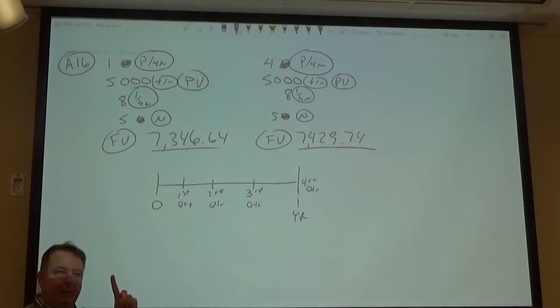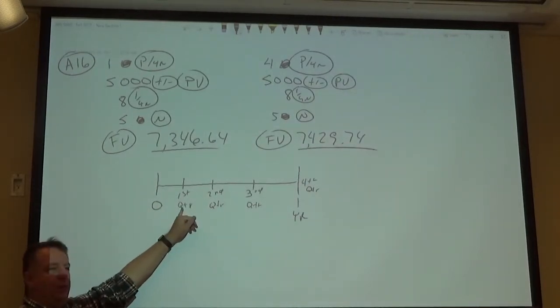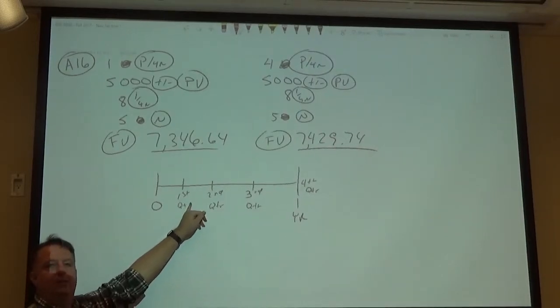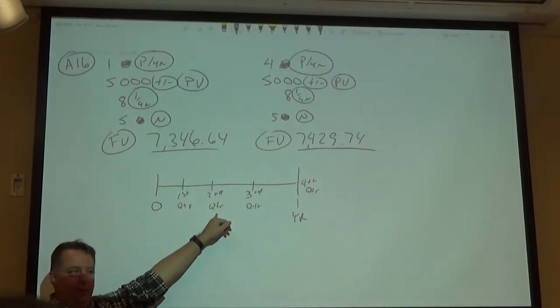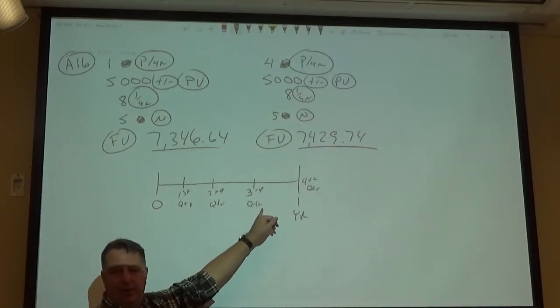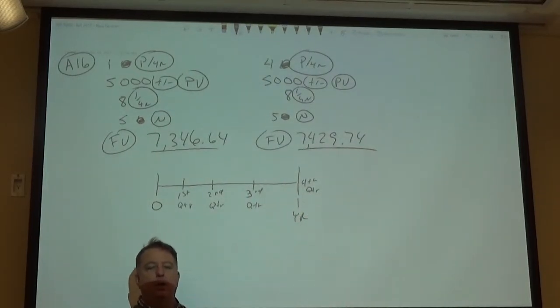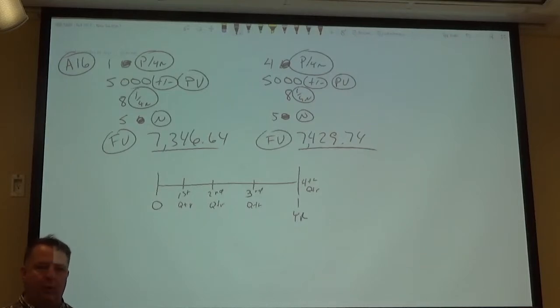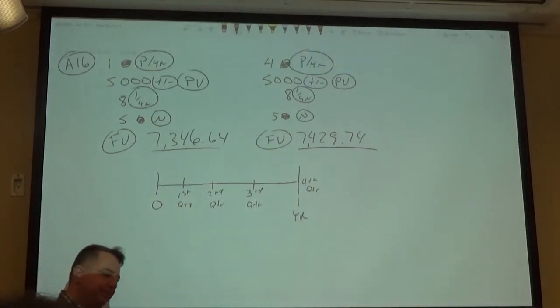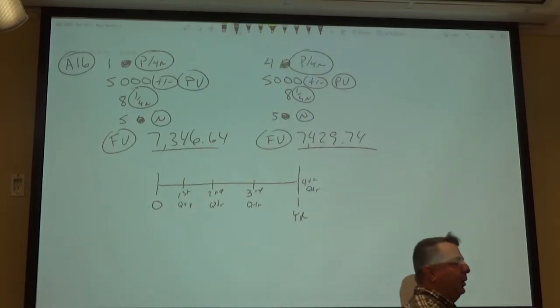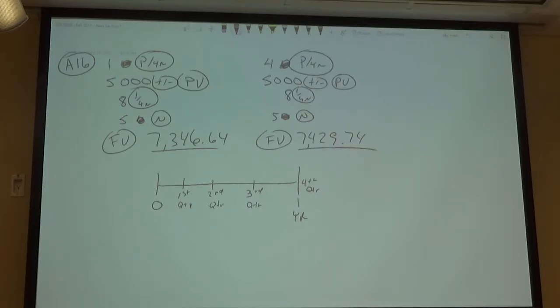But now the interest that you earned here is earning interest on top of interest here, which is earning on top of the interest here, which is earning on top of the interest here. So you're going to get a little bit more interest accumulation because it is being compounded 4 times a year. This is going to come into play this afternoon in the financial modeling class for those of you that are in there.